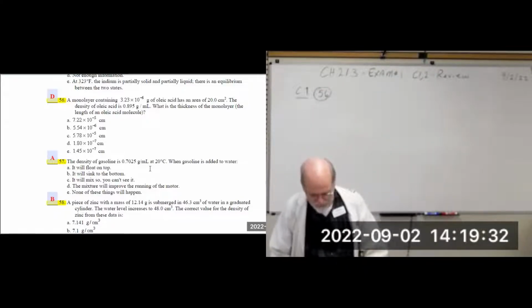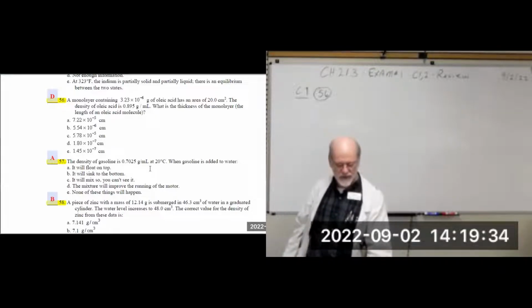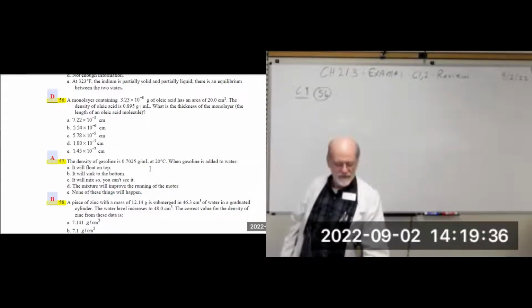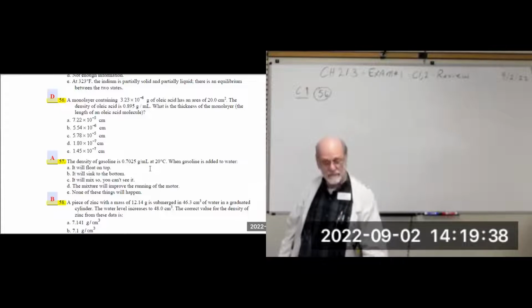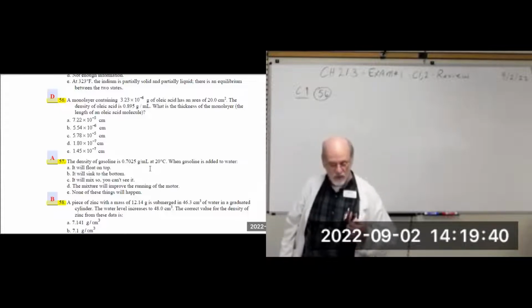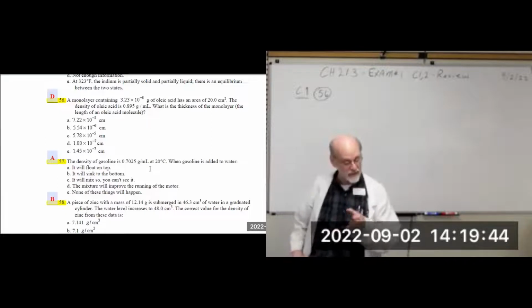A monolayer. What's a monolayer? One layer, exactly right. It's composed of oleic acid, a fatty acid. That's a monolayer.